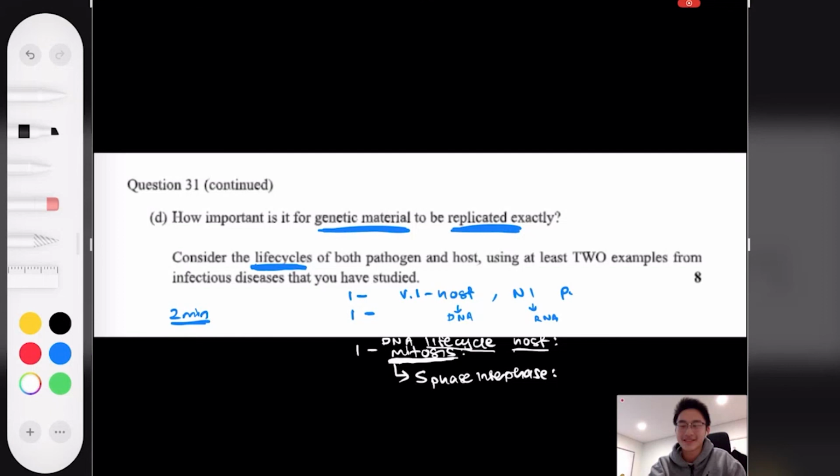So you'd want to identify that. So I'd probably say 1 mark for mentioning the process of the DNA life cycle, the genetic life cycle for the host. So mention it occurs in mitosis, and then mention where in mitosis, and then mention the enzymes and processes. Right? Yeah.